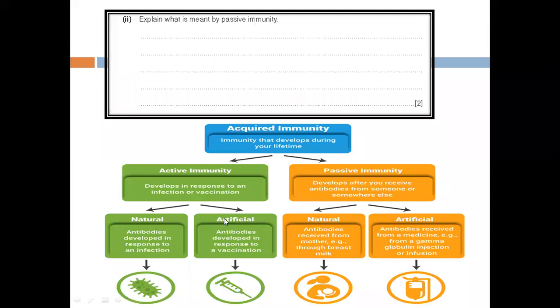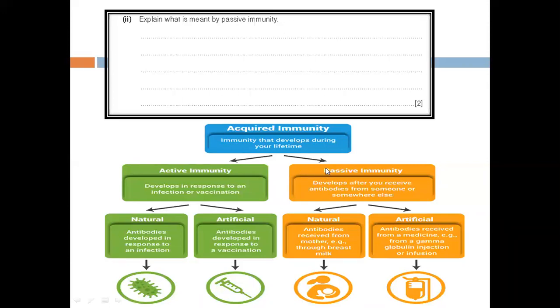If next time this pathogen comes, that memory cell will divide and suddenly start production of antibodies without any delay. That's why if a second infection of the same pathogen happens to you, you will recover from it very easily, very quickly, right?